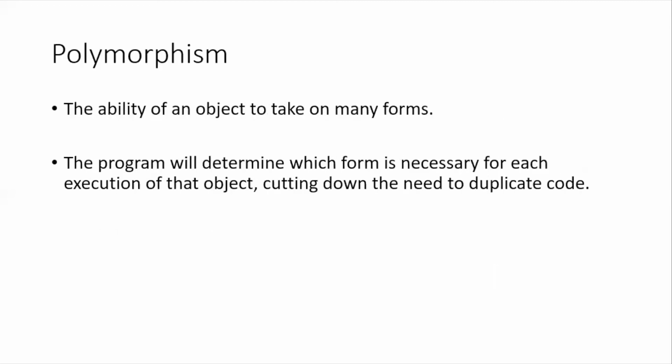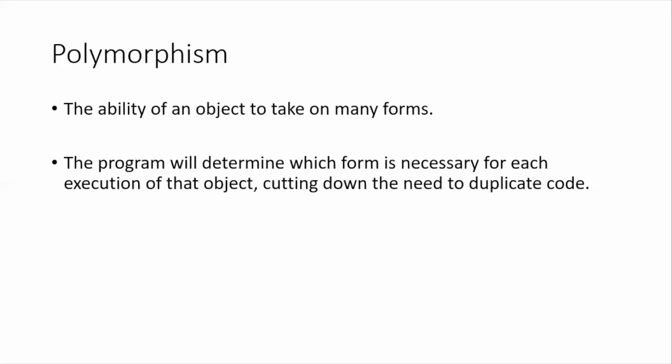Next concept in object-oriented programming is polymorphism. So what is the definition? When one entity is available in multiple forms at the same time, it is termed polymorphism. So one object has an ability to take many forms.